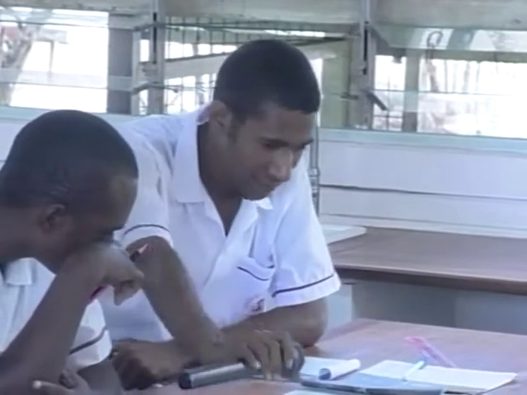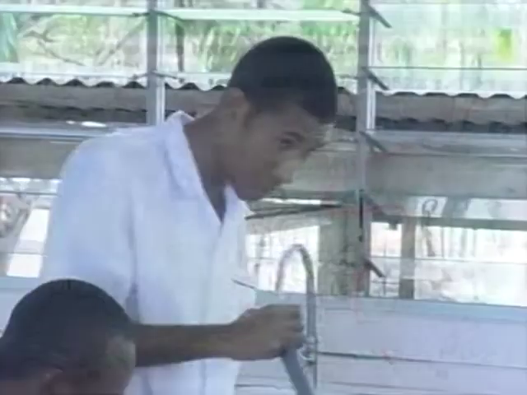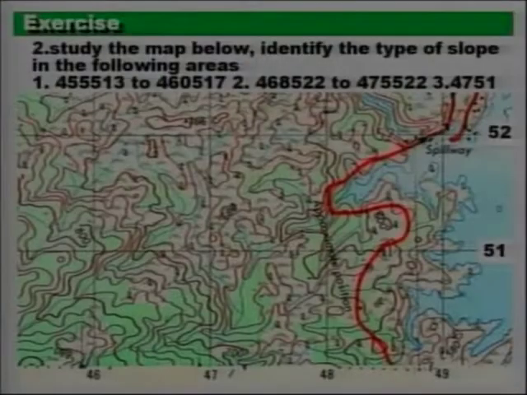Uniform. Would you like to stand up, please, and give that answer again? Uniform slope. Okay, very good. I will also agree with him that the answer should be a uniform slope because the contour lines are of the same distance apart.